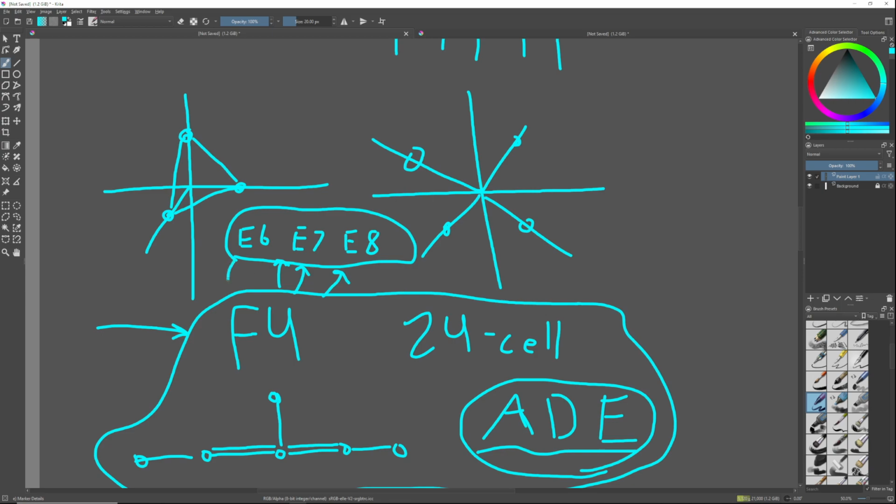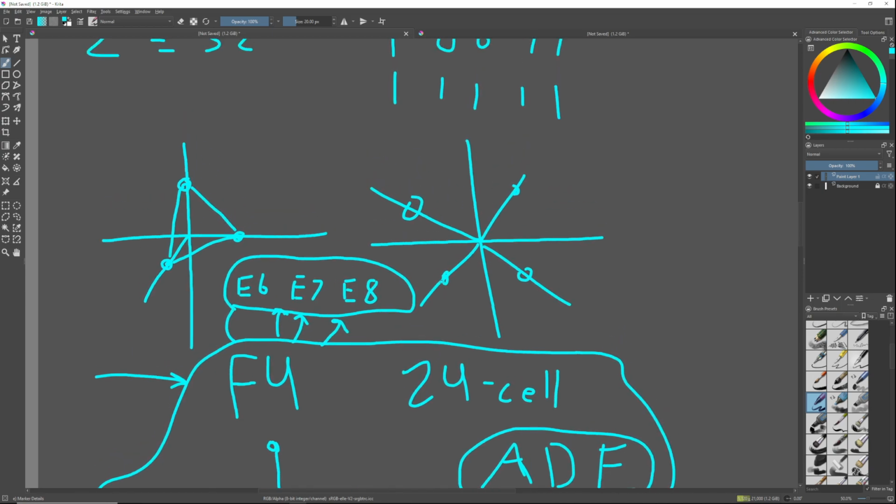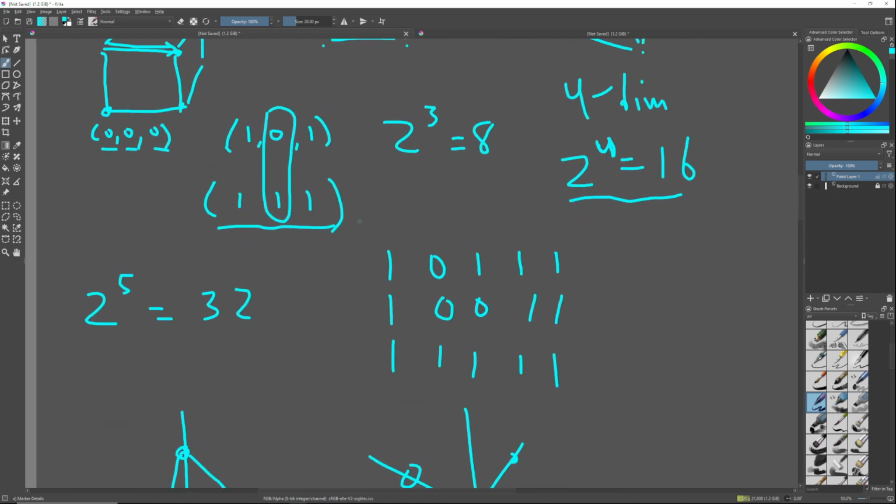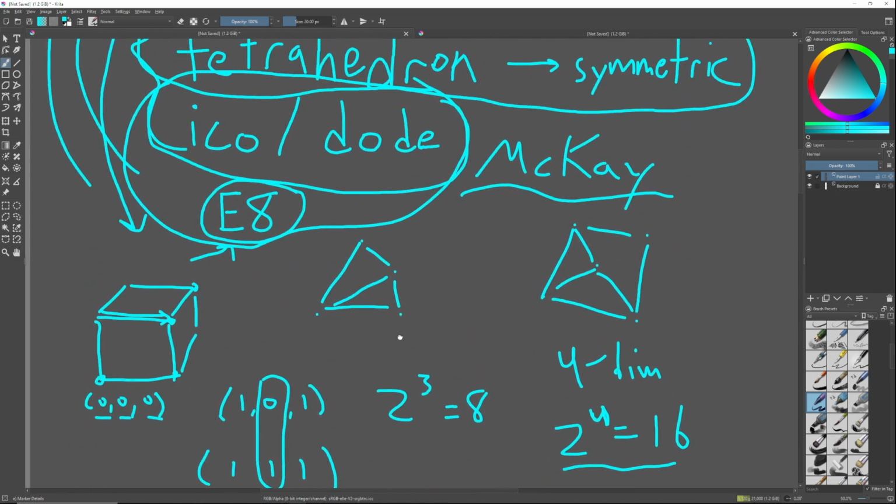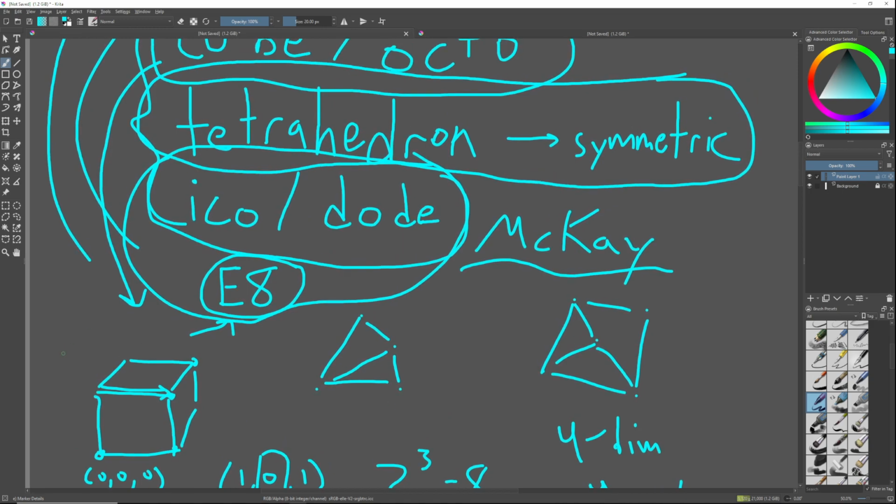So these are connected in interesting ways. And you can see it if the McKay correspondence is to be taken seriously, and I think it is. You can see how F4 is embedded in the... Well, let's talk about four dimensions specifically, because that's the only place where F4 exists in a polytope with the 24-cell.